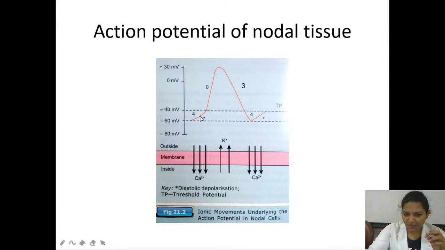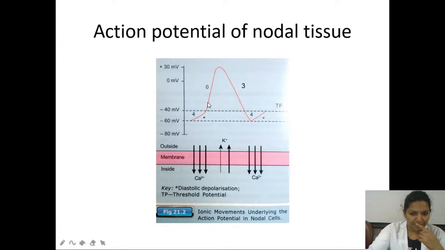As a result, there is this slope and the resting membrane potential is not stable. It is around minus 55 to minus 60 millivolt. The action potential in contractile tissue was very much stable, but here, since these leaky channels remain open throughout, the resting membrane potential is never stable.